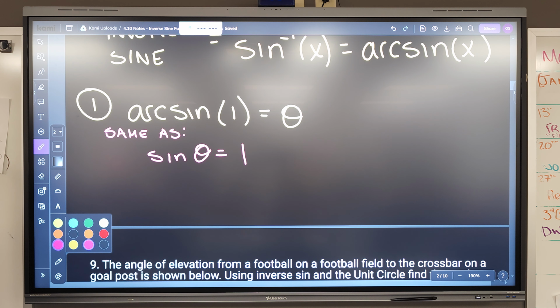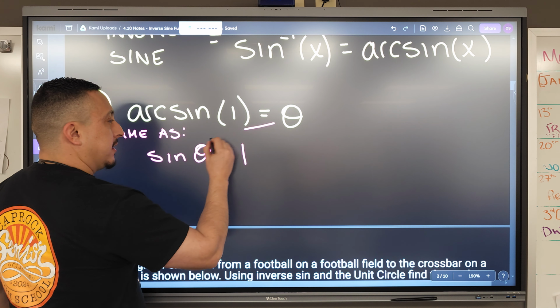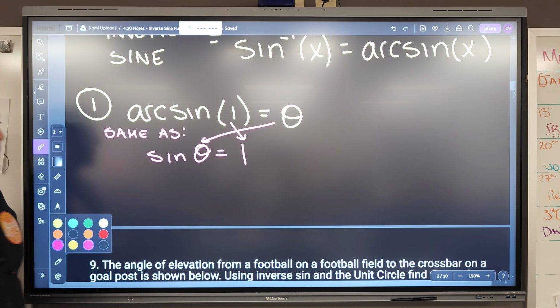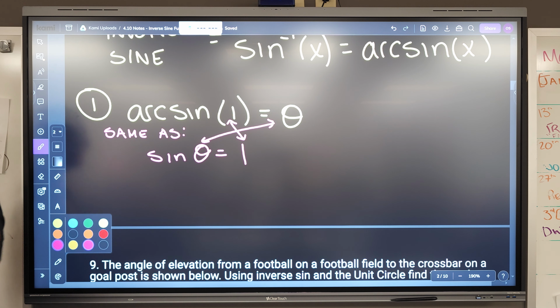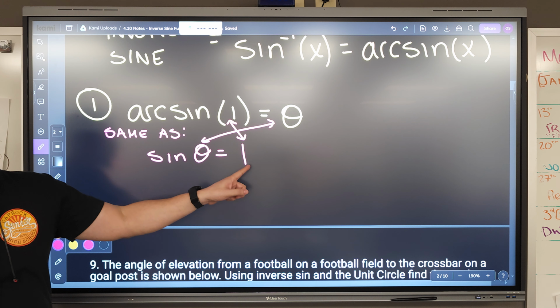Because remember again, the x's and the y's switch, right? They switch for sine and inverse sine. Does that make sense? Okay. So we're going to look at the unit circle, and we're going to find out at what angle the answer for sine is 1.